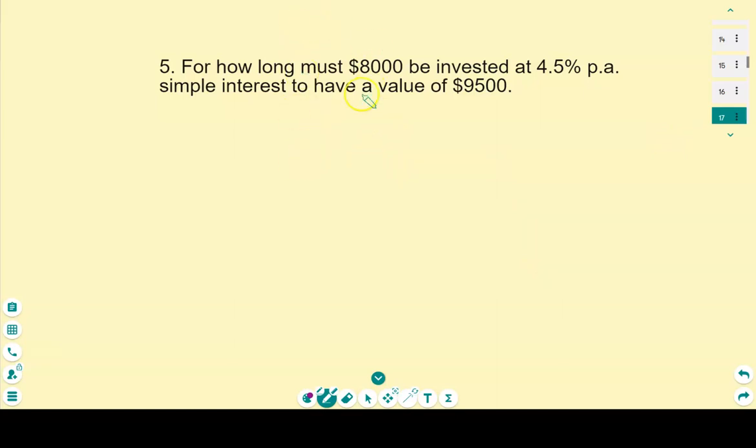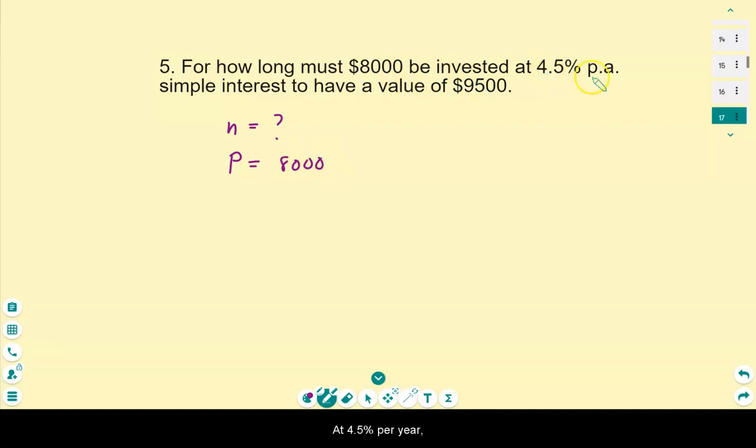All right. For how long, well, we know that that's time, right? Must $8,000 be invested? $8,000 be invested means that's our initial value, which is our principal. That starting value is our principal.